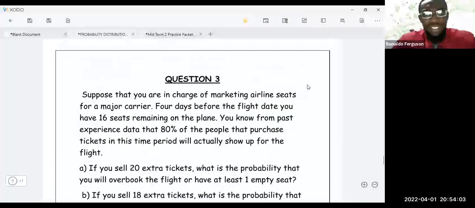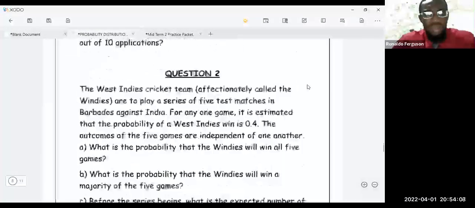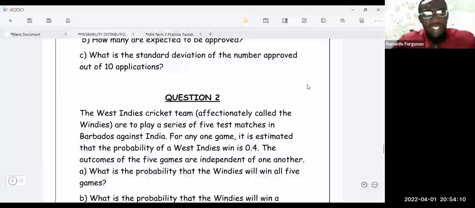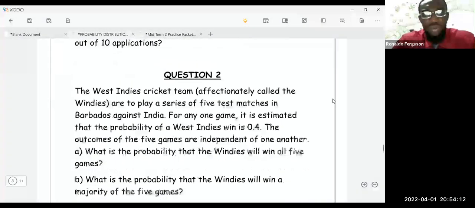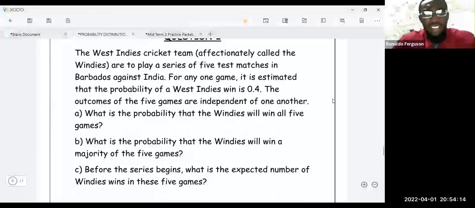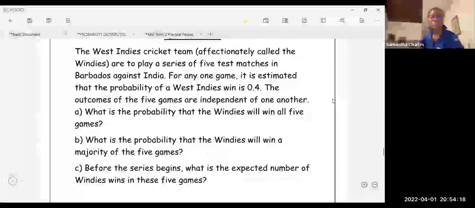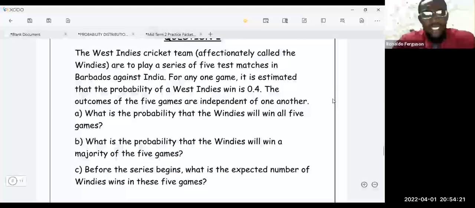All right, so I have a binomial worksheet. What I'll do is send you my binomial worksheet. It's a structured paper, and I have the answers for them. So you can work through those and check with your answers.